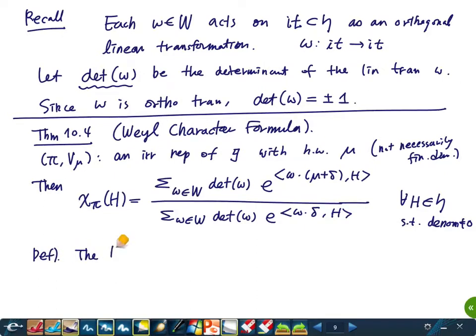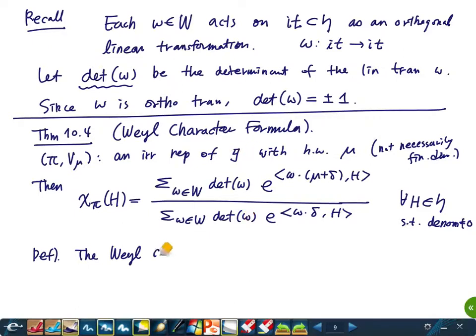The Weyl denominator, because this is a ratio of two functions, so we have a denominator and a numerator. Notice that this denominator does not depend on mu, it's always the same, right? It depends only on G, the semisimple Lie algebra.